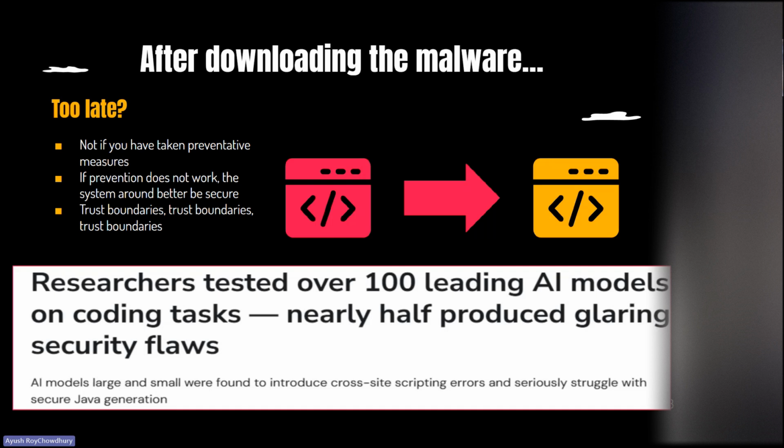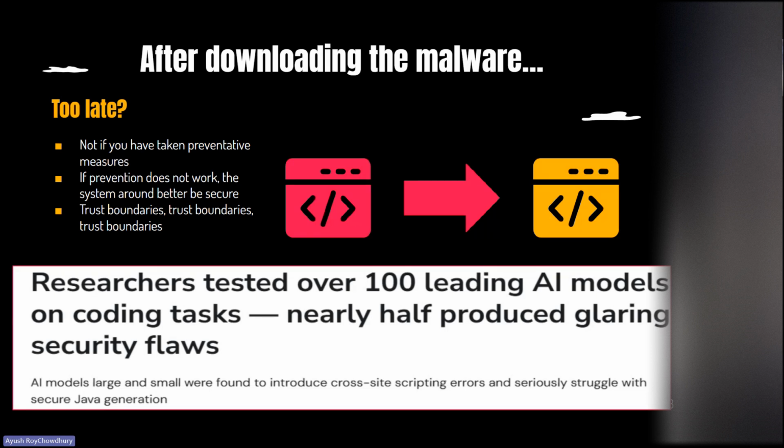But if you have taken preventative measures where such malware isn't even available in the first place, you have a set of repositories or a set of packages that your LLM can retrieve from, or you have some safeguard around your system where LLM generated code cannot be executed without review, or you have trust boundaries in your system, this might not be as big of a risk.